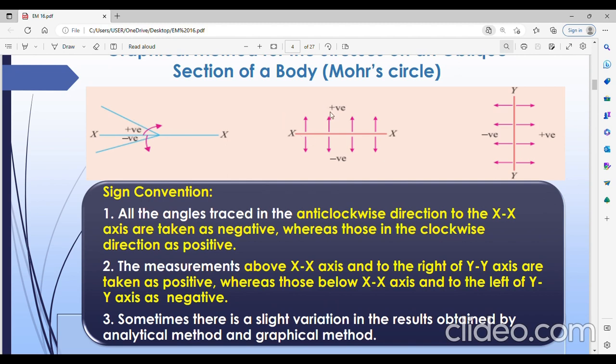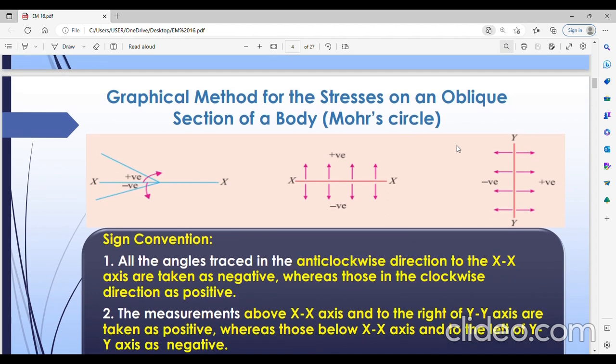Measurements above the x-axis are taken as positive, below the x-axis as negative, and measurements to the right of the y-axis are positive and to the left of the y-axis negative. This is a very common sign convention, and it can be followed for drawing a Mohr's circle.